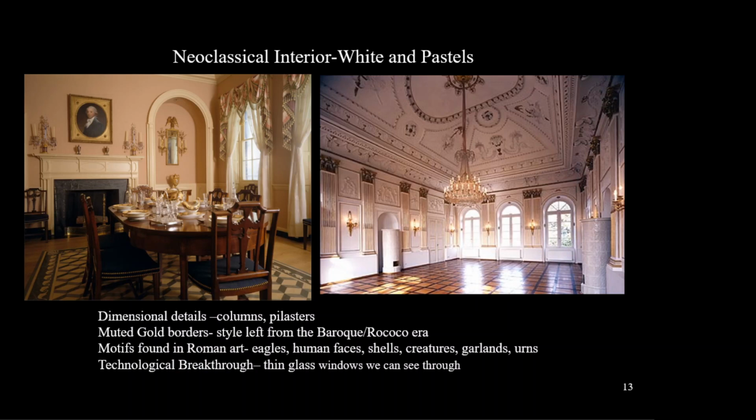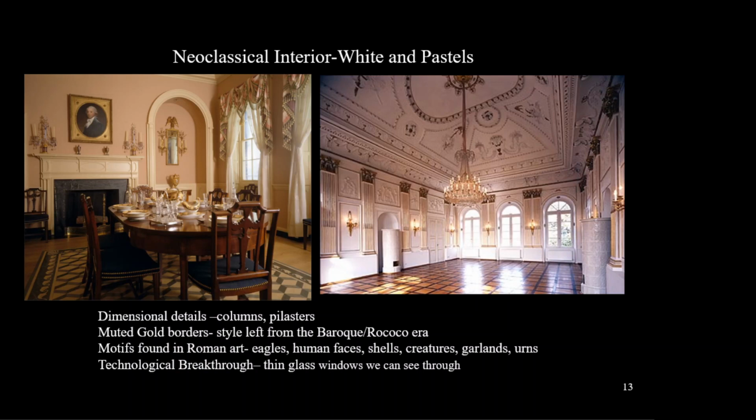Motifs found in Roman art are used as decoration, such as eagles, human faces, shells, mythical creatures like mermaids, and garlands and urns. And we have a major technological breakthrough: window glass that is now thin enough to see through, strong enough not to shatter, and affordable enough to actually use.